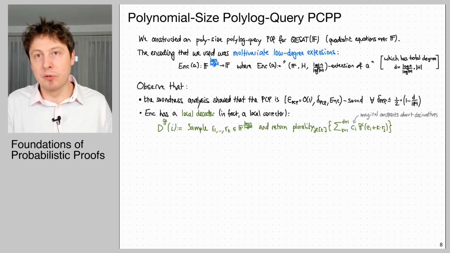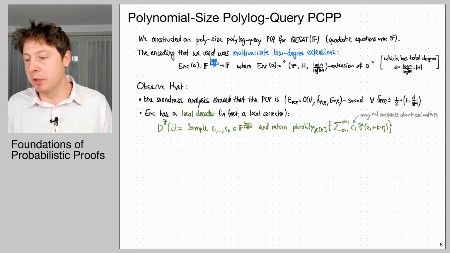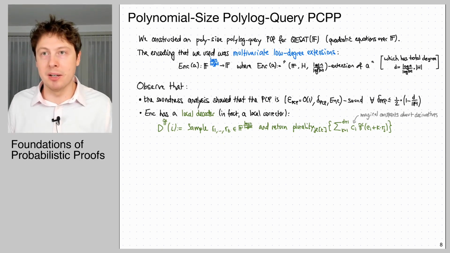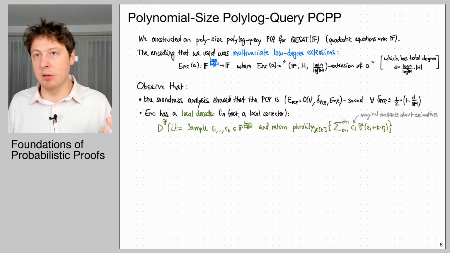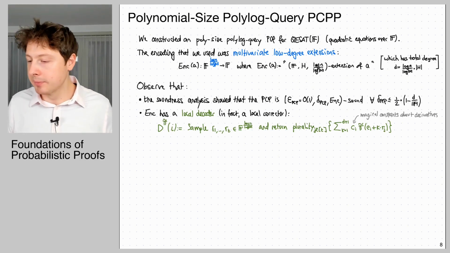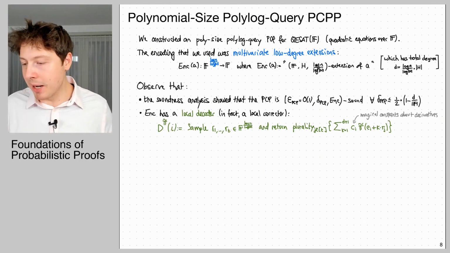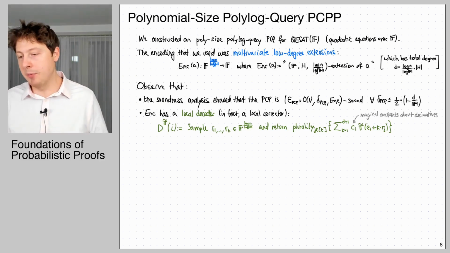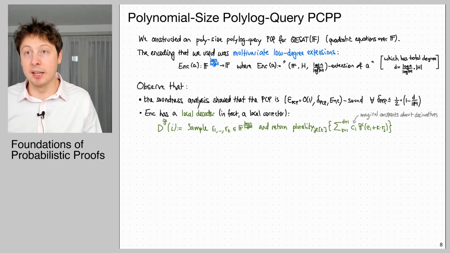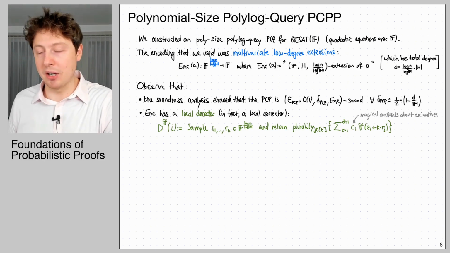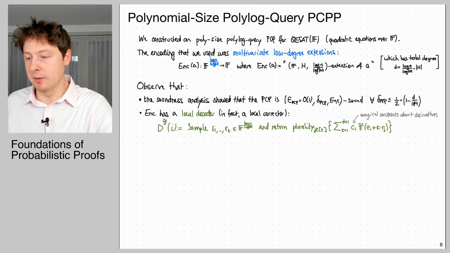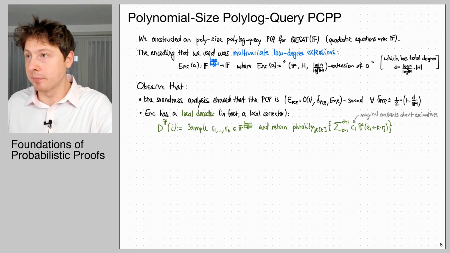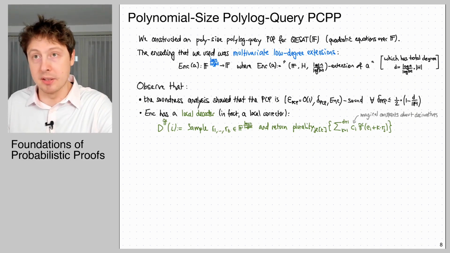I have to, of course, convert my index i, which is an integer between 1 and w, to e_i, which is the correct location in the hypercube, right? And my randomness here is the random step size. And we had this self-correction procedure related to the low-degree test, right? And you have analyzed this in your homework.